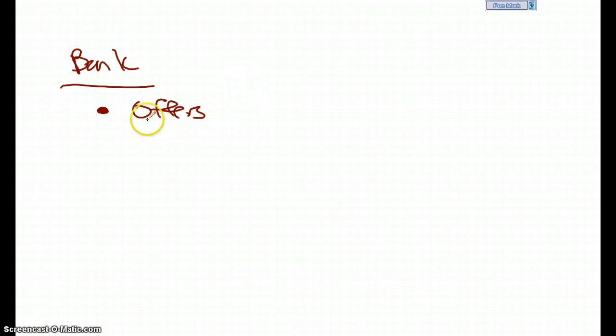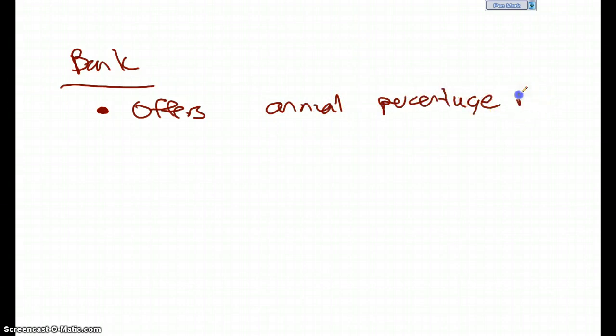So it really doesn't matter whether I say offers or requires that you pay. It's the same idea. They offer an annual percentage rate whenever you go and decide to put your money in with that bank. Now that's often referred to as the APR.